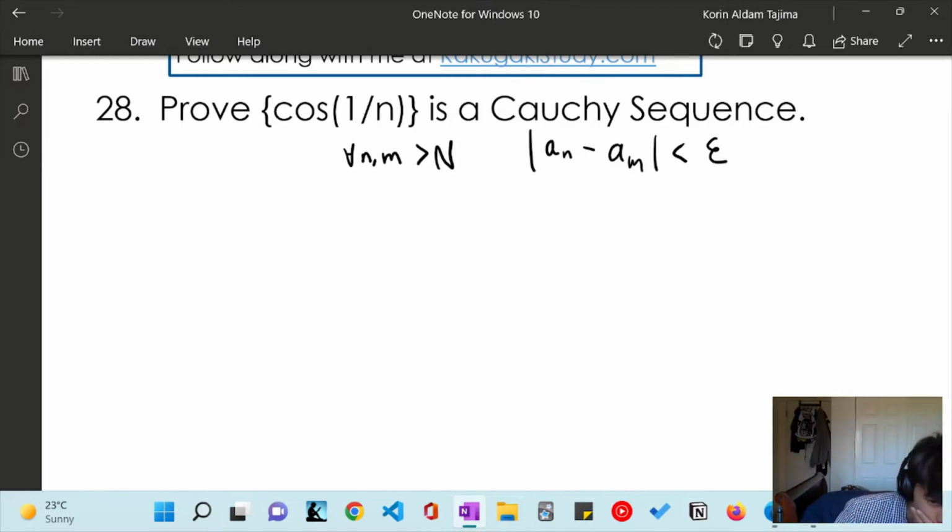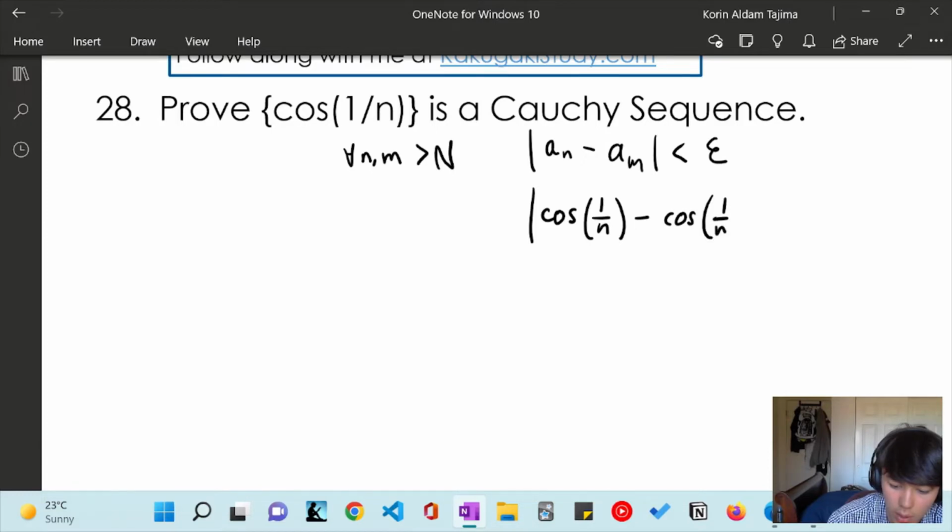Well, let's think about this. Let's write this out fully. The cosine of 1 over n minus cosine of 1 over m needs to be less than epsilon.